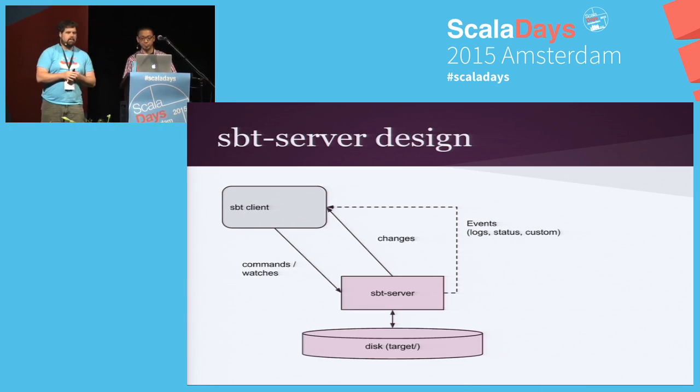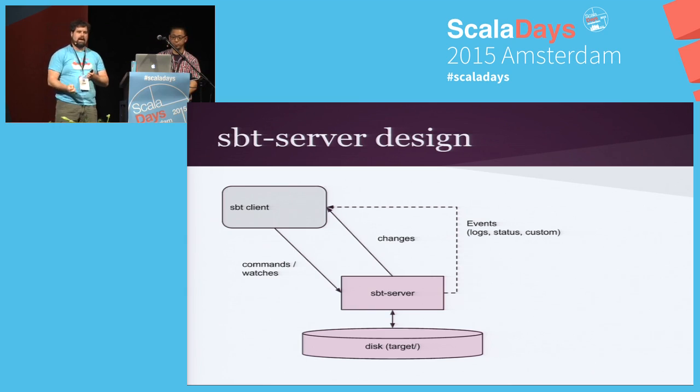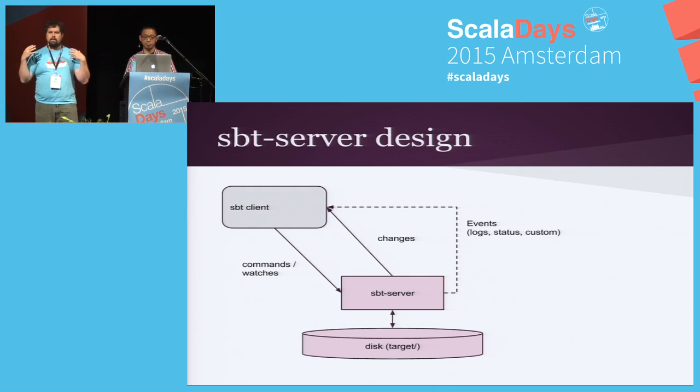What we ended up doing was taking this simple notion of a design where a client connects to a server, and this server will communicate changes that are happening to the client, changes in state. Why do we have changes in state? Because a build is just a giant, mutable, shared state device. Okay, it's called disk.